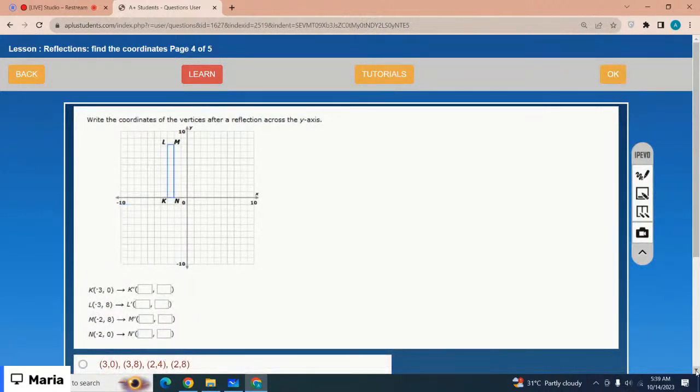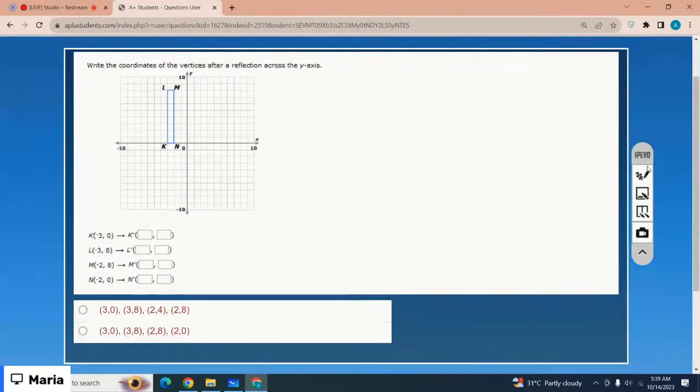Okay, the next one is write the coordinate of the vertices after a reflection across the y-axis. Okay, you are going to reflect on the y-axis, so y coordinates must be same. Just the x values, the sign of the x values are changed, right?